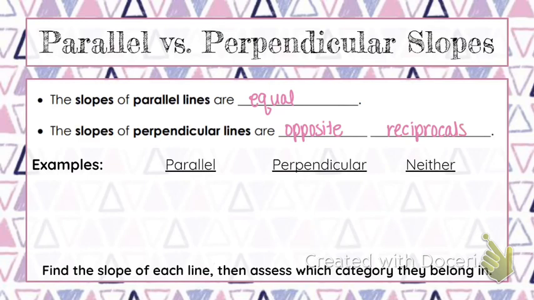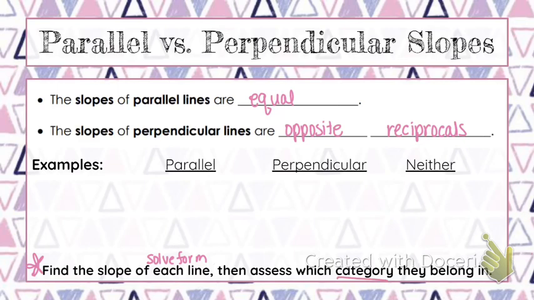So I'm going to show you some examples of what parallel slopes and perpendicular slopes look like. So when you're given two lines, you will find the slope of each line. So you have to solve for m, or get it in y equals mx plus b form and find what m equals.